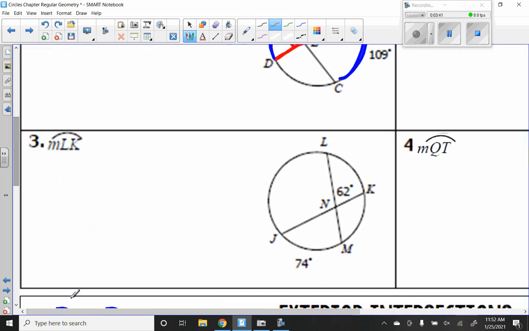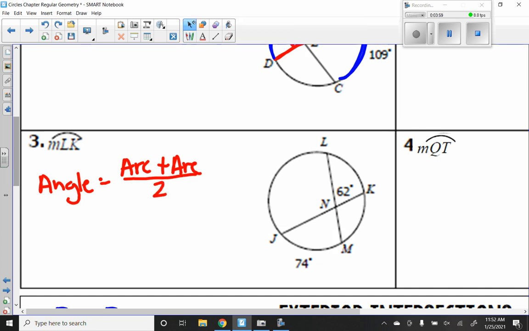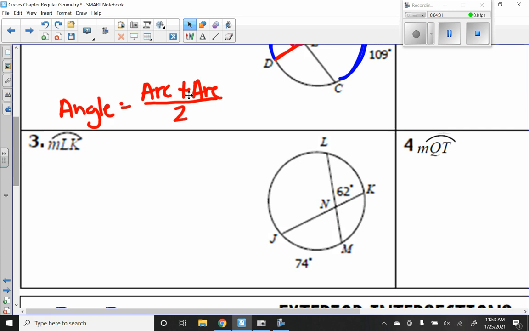So how to find one of these arcs? Let's go back to my formula. So the angle on the interior equals the arc plus arc divided by 2. Okay, that's the formula we're using. I'm going to put that right here so I have room to write in this box.